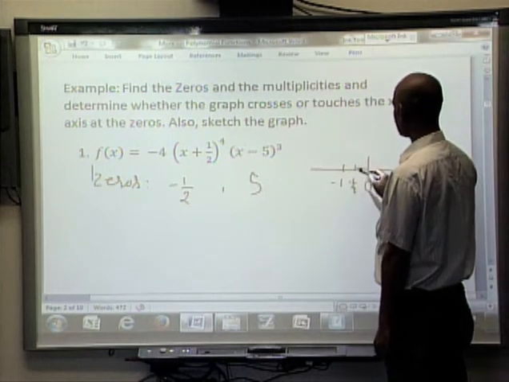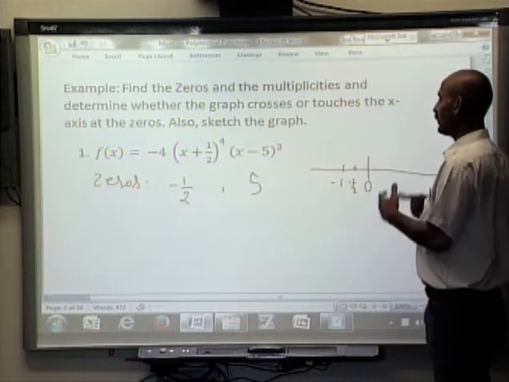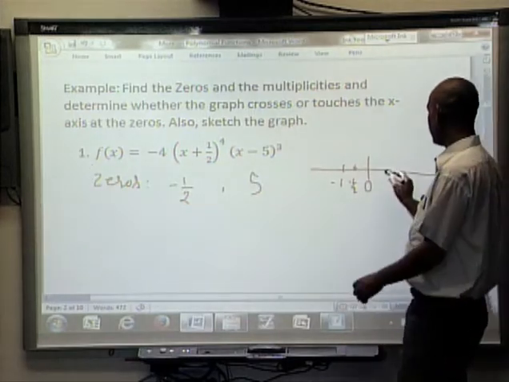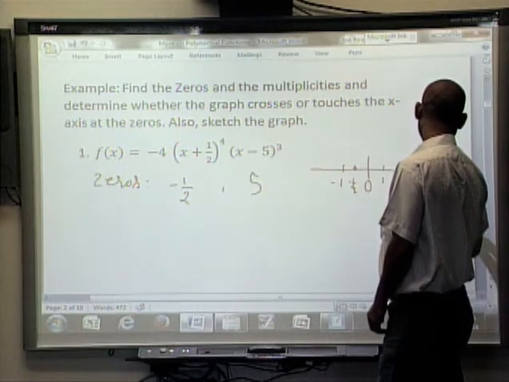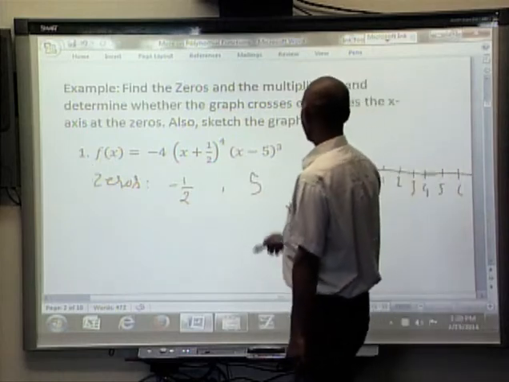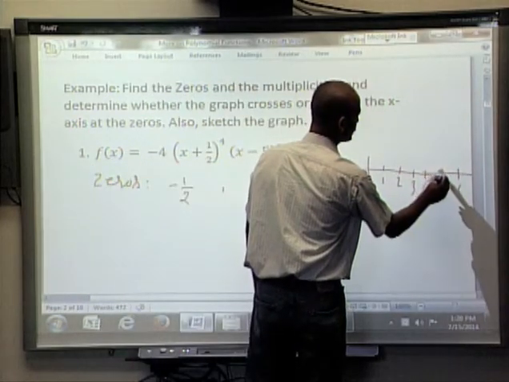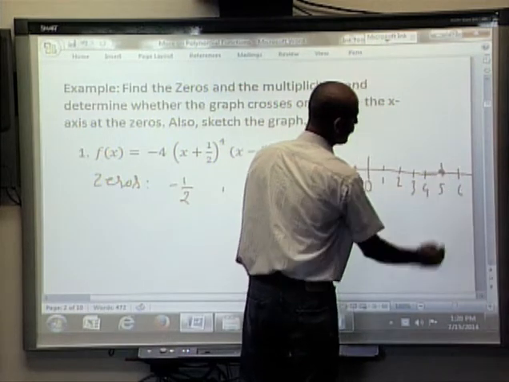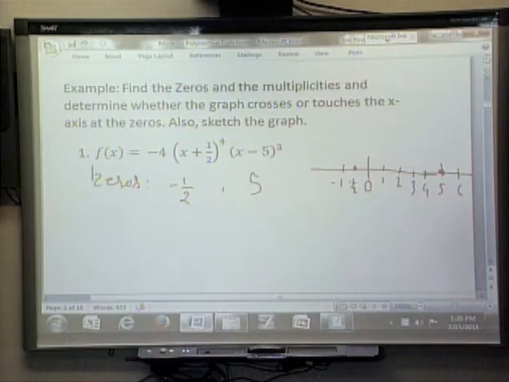Now, the graph should go through this point, either touching it or crossing it, and similarly this is 1, 2, 3, 4, let us say 5, 6, something like this. The graph should go through this point as well. We will identify whether the graph will cross or just touch and turn around at that zero.